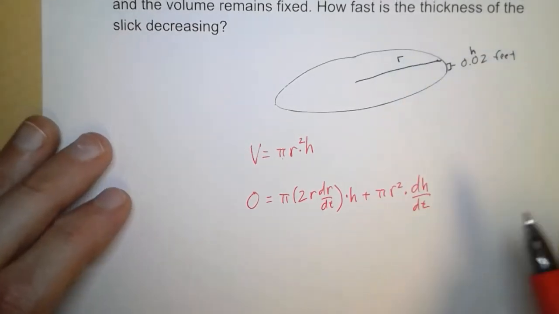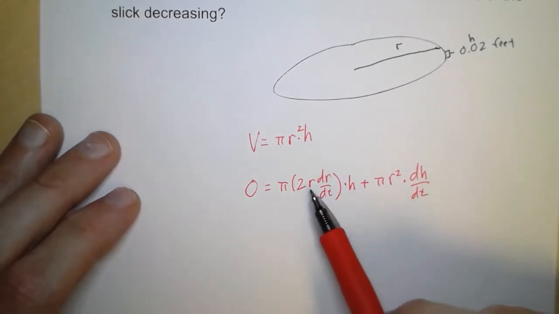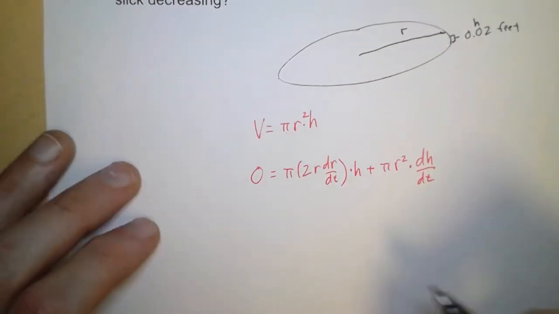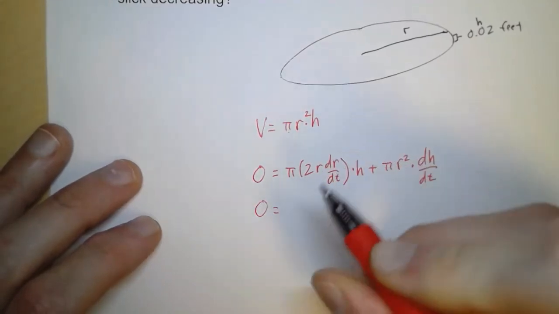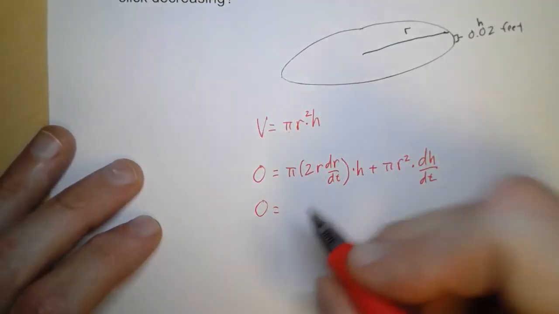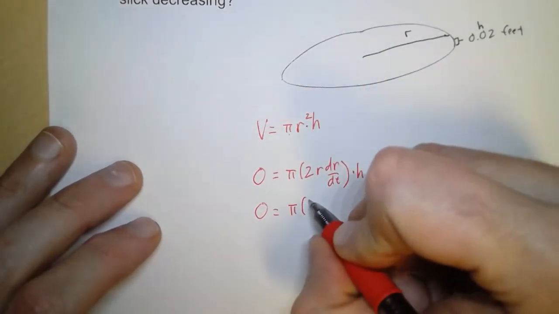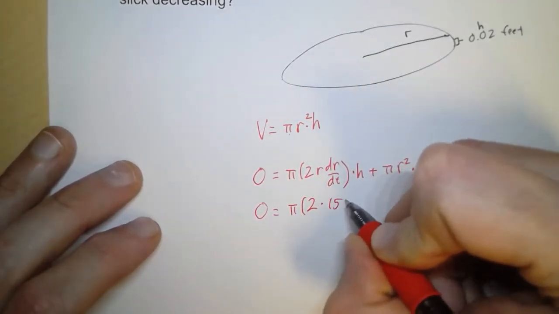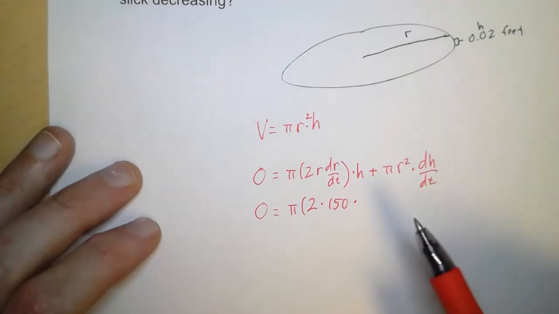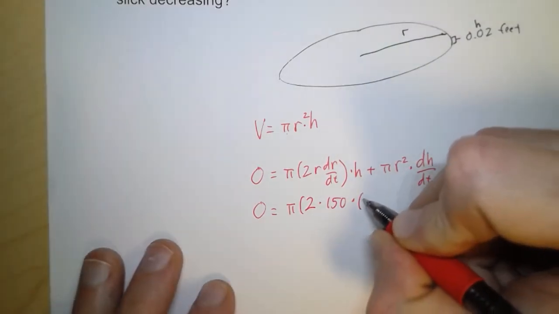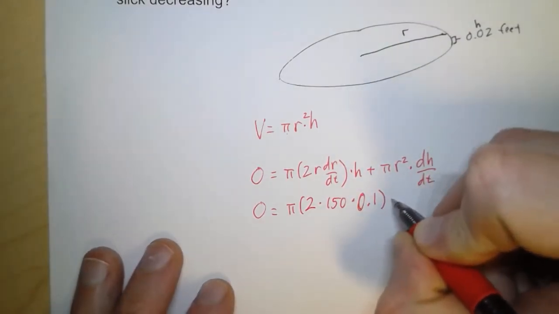So we need to plug in values for r and h and for dr dt. So that should leave dh dt by itself. So it says when the radius is 150 feet. So that number is what goes in for r. And the radius is expanding by 0.1 feet per minute. So 0.1 is what dr dt is.